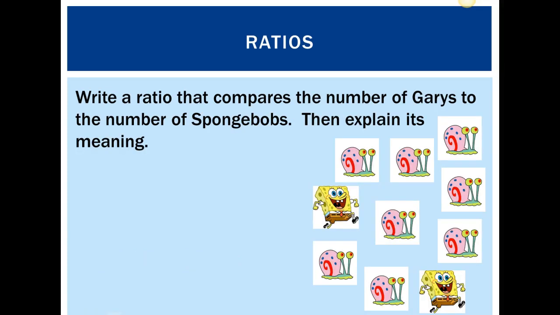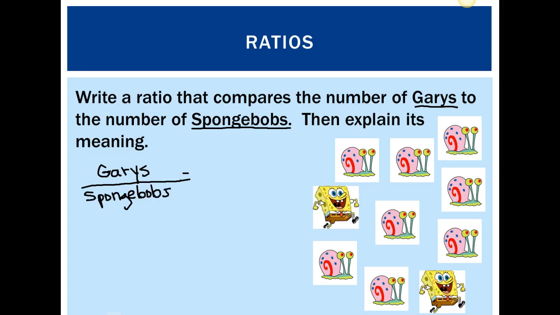In this problem, we are to write a ratio that compares the number of Garys to the number of Spongebobs, then explain its meaning. Because we want the number of Garys to the number of Spongebobs, that means we'll put the number of Garys on top. That will be the numerator of our fraction. We can see that there are 8 Garys and there are 2 Spongebobs.